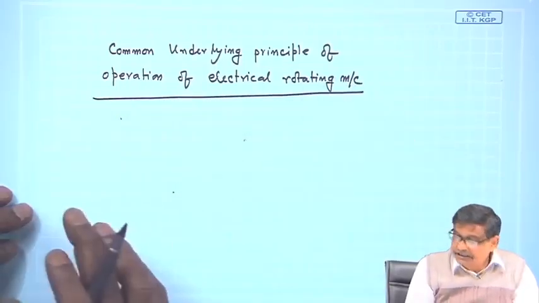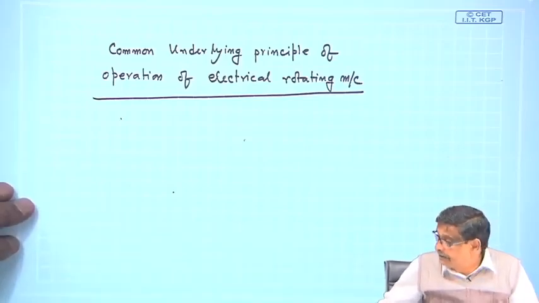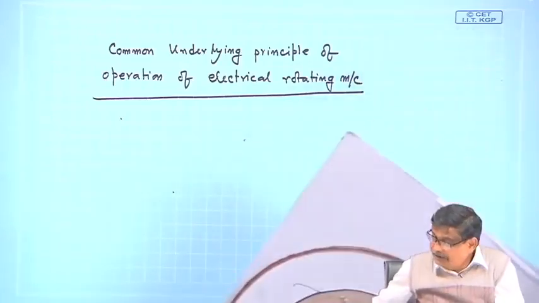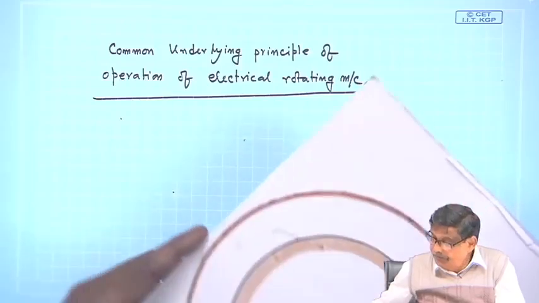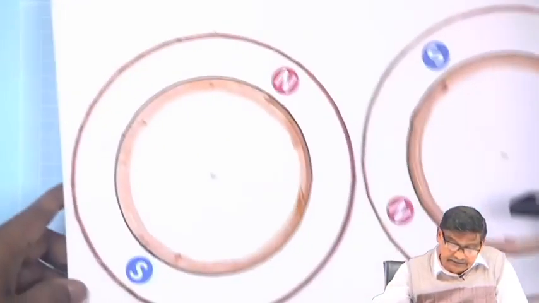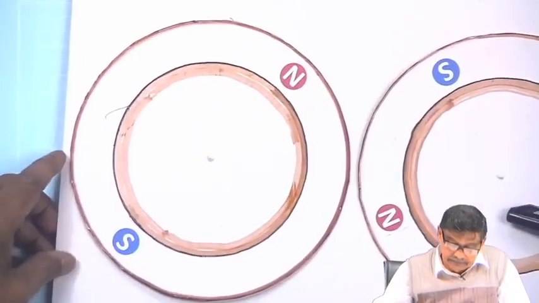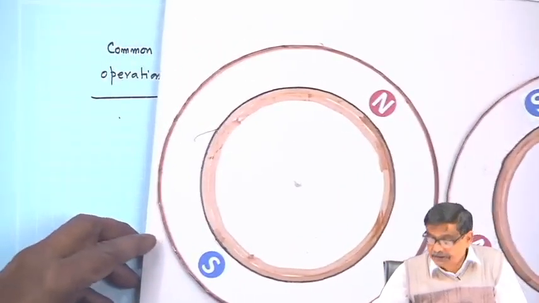At least one condition is very easy to understand. Now, what I am going to show you is this diagram, you just look at it.